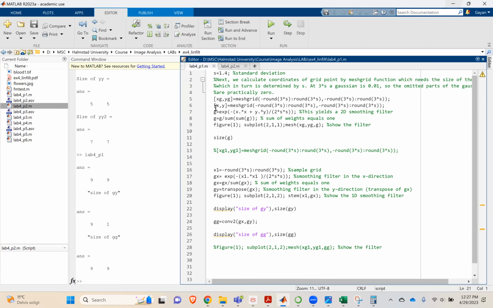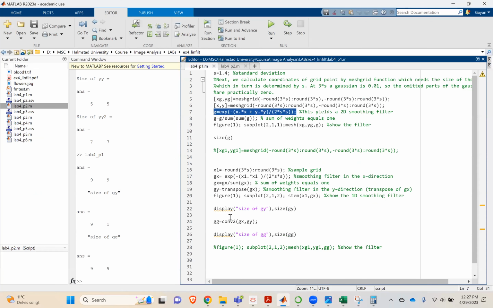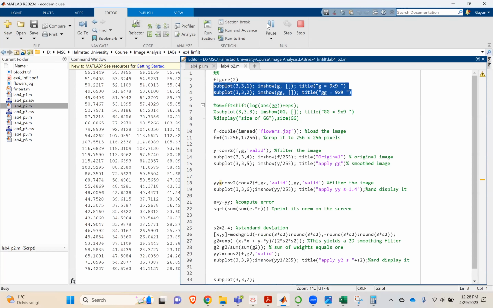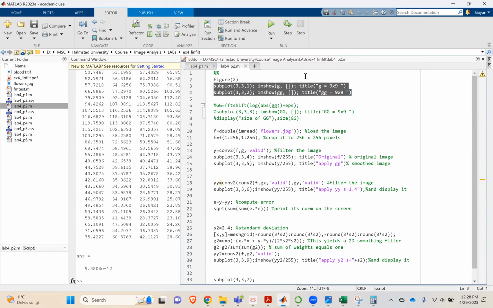In here, he made the 2D filter with one line based on this math. Then in here, we just use the convolution of your 1D filters to make the 2D filter. These both are the same. And when you print it, I believe the answer should be the same. See, it's the same. But it's not the important one.